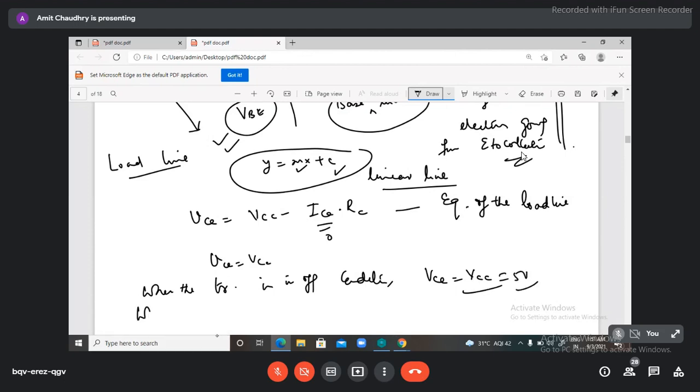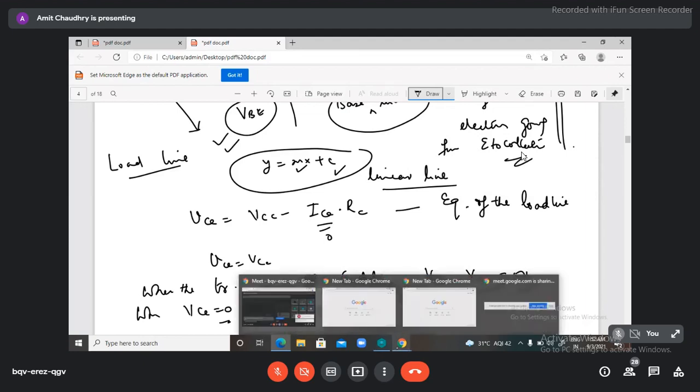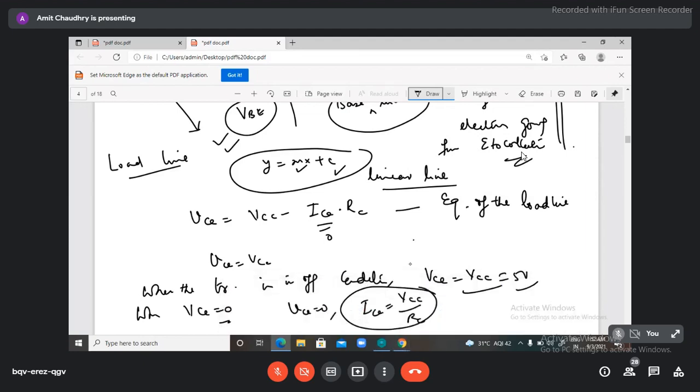So when it's in on condition, that is when VCE is equal to 0, on condition means maximum current will flow. So when VCE is equal to 0, then IC is equal to VCC divided by RC. That's equal to 5 by 10, let us say 10 kilo ohm, which is 0.5 milliampere.